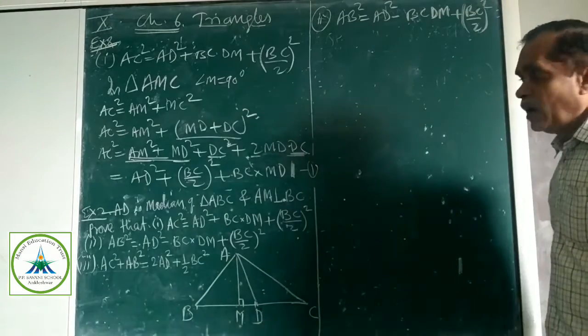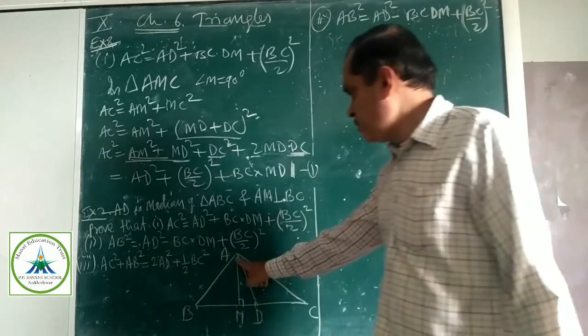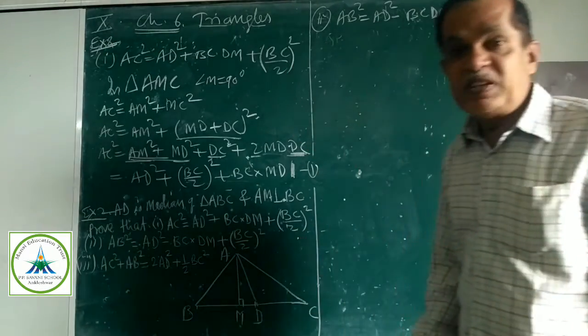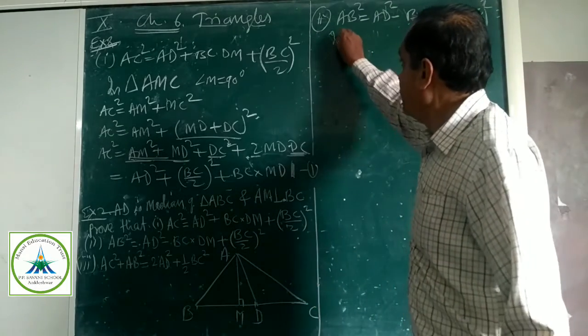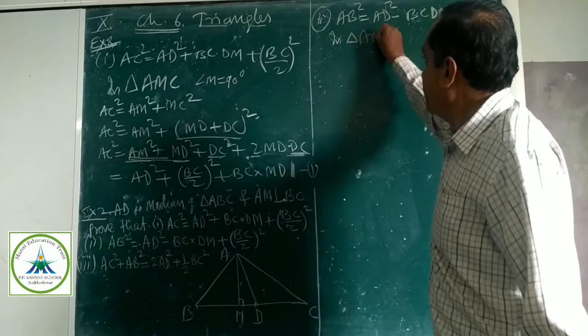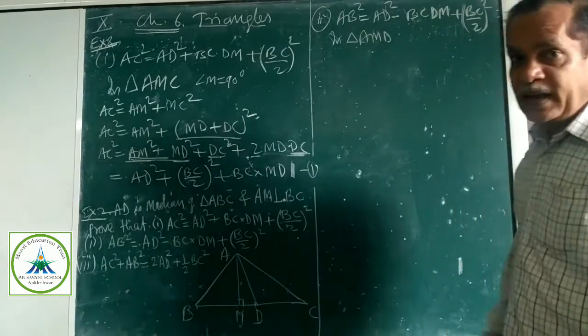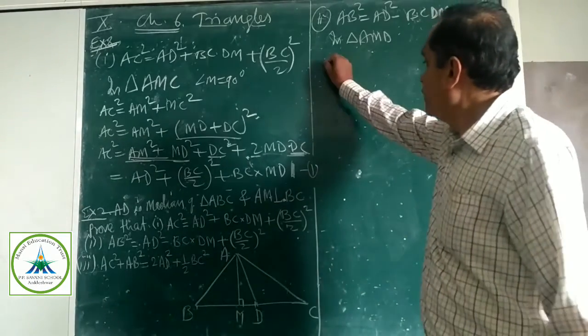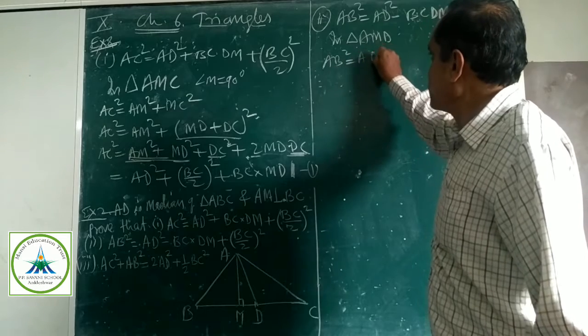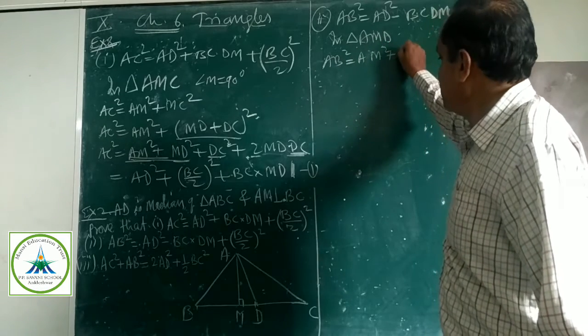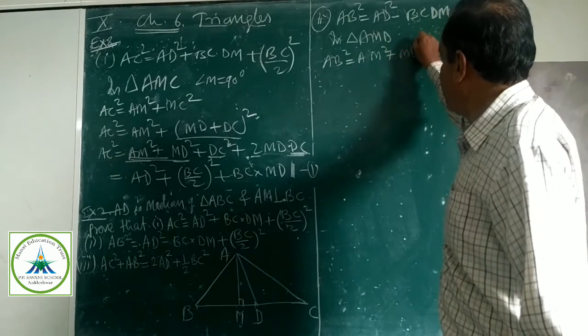Again, see where is AB square? AB is in this triangle, triangle AMB. In triangle AMB, you get AB square equals AM square plus MB square.